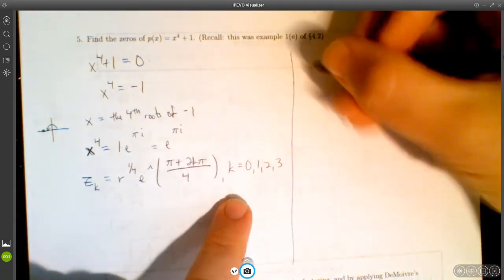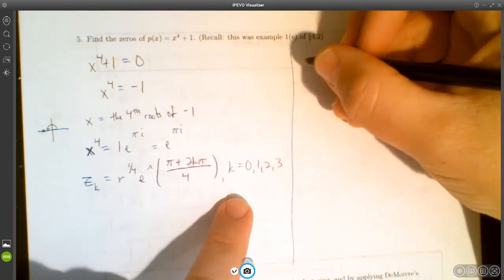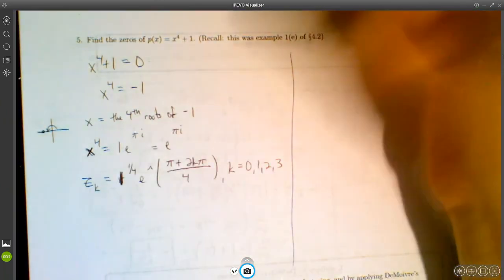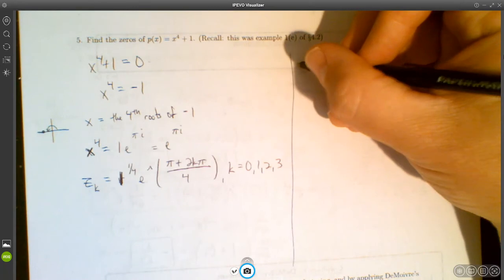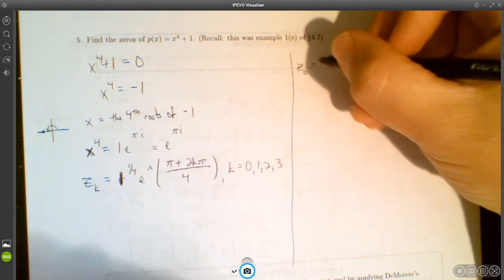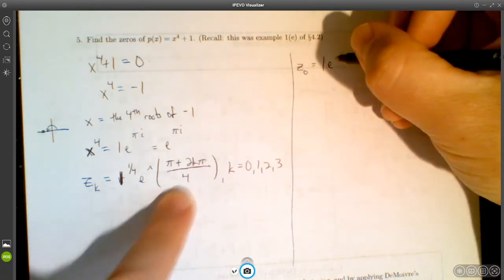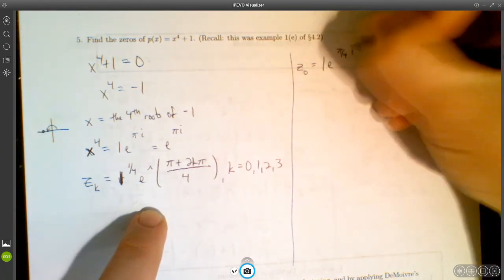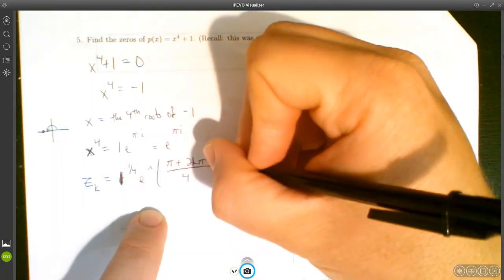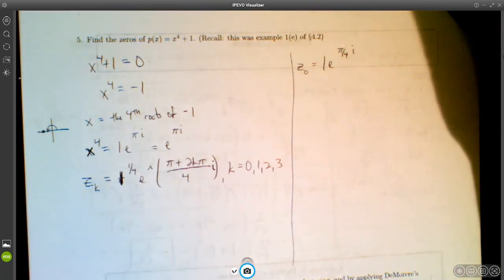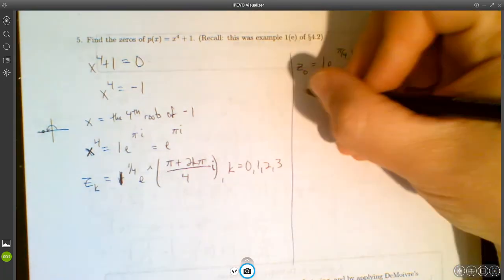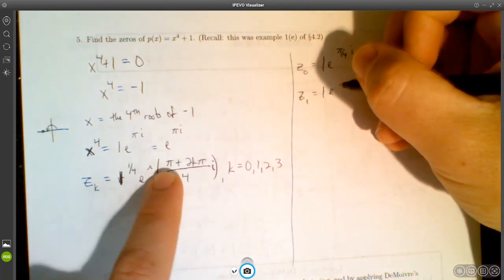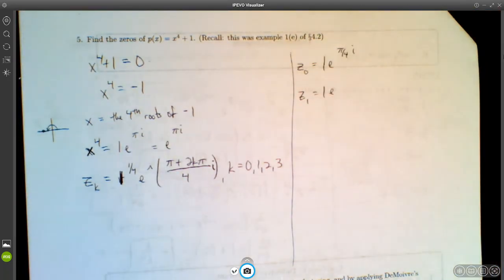When we plug in 0, and by the way, r I should have just said is 1. 1 to the 1/4 power is just 1, right? So when we plug in 0, we get 1 times e to the pi over 4 i. I forgot the i here, but there should be an i. When we plug in 1, we get 1 times e to the pi plus 2 pi, which is 3 pi.